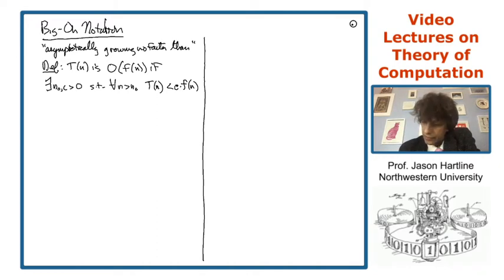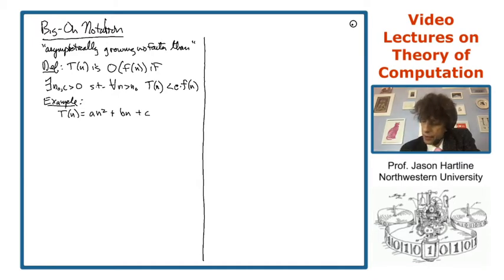Okay, so as an example, suppose t of n is equal to a n squared plus b n plus c.